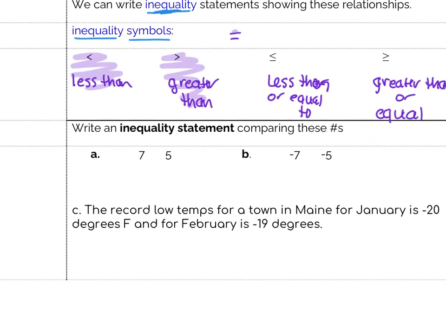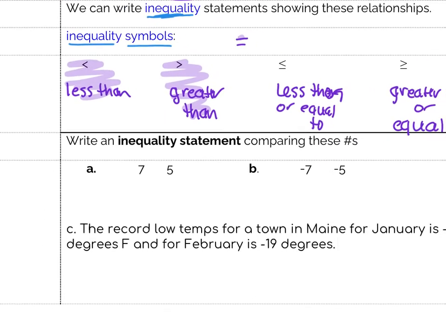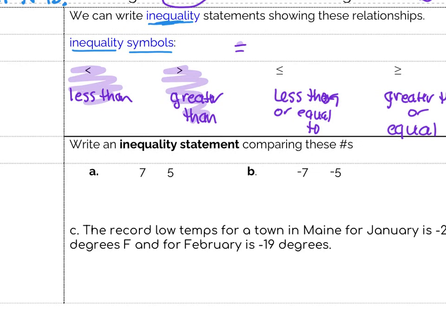All right, so write an inequality statement that compares these numbers. So 7, we already talked about, is greater than 5. Because it's written out for us, we know the 7 is first, and the opening is going to go towards that bigger number.